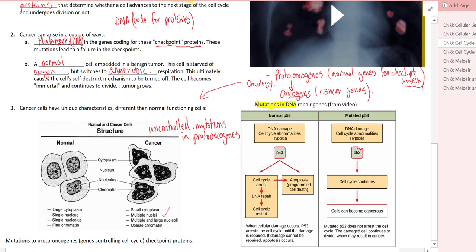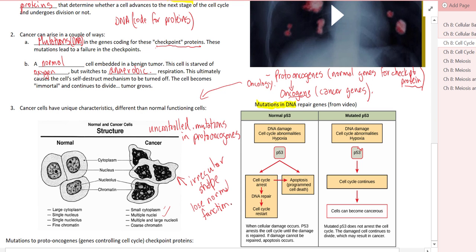Remember, many processes occur in the cytoplasm of the cell, so that becomes reduced. They have small cytoplasm, multiple nuclei. Their cells tend to be very irregularly shaped, sometimes even enlarged cells, or definitely enlarged nuclei, and essentially lose normal function, right?